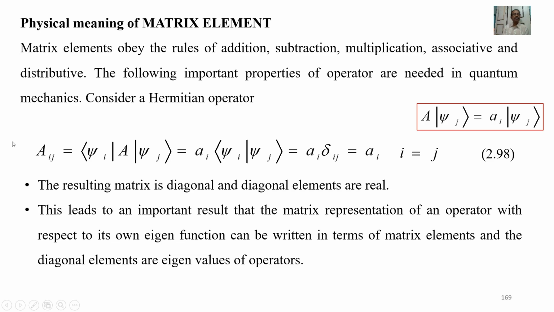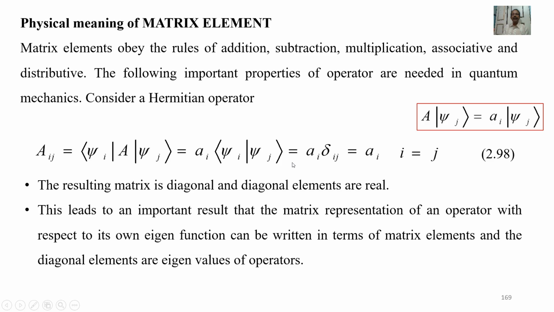So Aij is nothing but A sandwiched between bra psi i and ket psi j. We know that operator A on psi j will give us Ai psi j. We can pull Ai out, since it is a value. So Ai bra psi i ket psi j equals Ai delta ij, which equals Ai if i equals j.